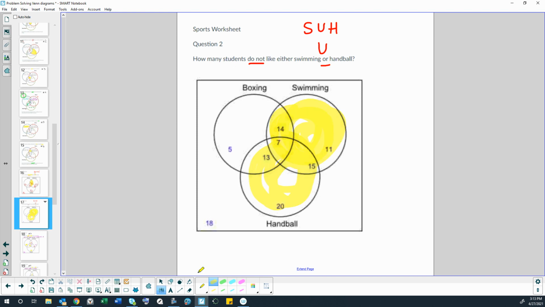Okay? However, that's not what we're looking for. We are looking for not swimming or handball. So we're doing the complement of swimming or handball. So that means we cross out all of these. I wouldn't literally cross them out because you have to keep using this chart for things, right? You're just going to be adding those two numbers together to get your answer.